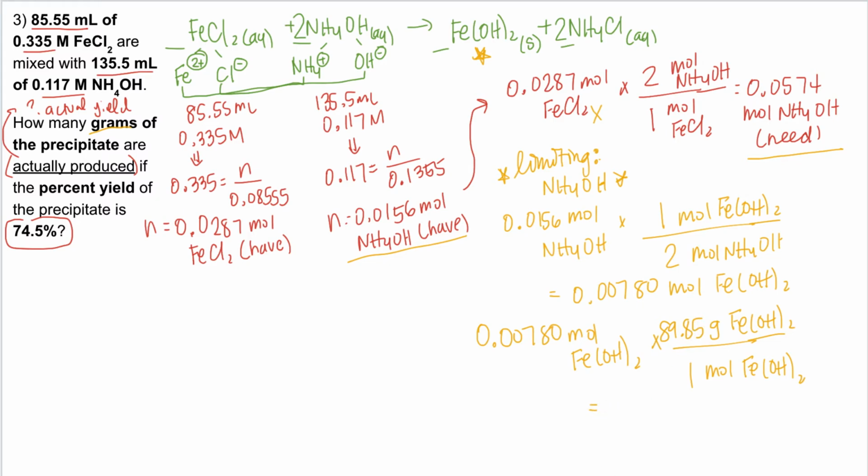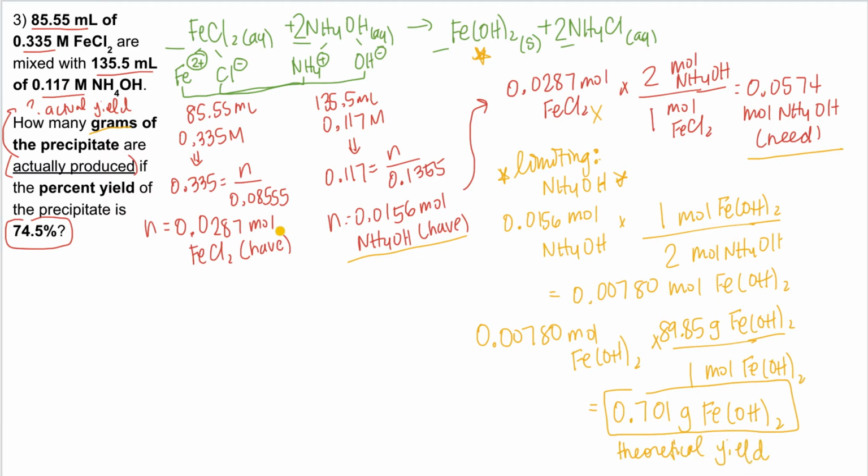And we'll multiply that by 0.00780. And we'll keep 3 sig figs, which means we end up with a theoretical yield of about 0.701 grams of iron 2 hydroxide. So what we just found here is the theoretical yield of our precipitate.